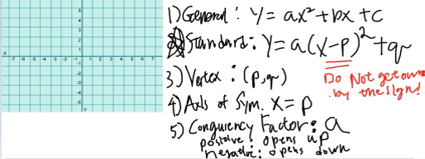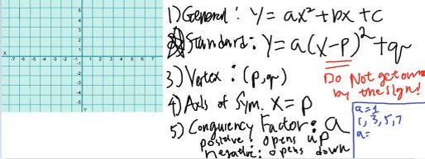Alright, let me just write something here in this tiny space we got. This is a pro tip. If a is 1, it goes 1, 3, 5, 7.